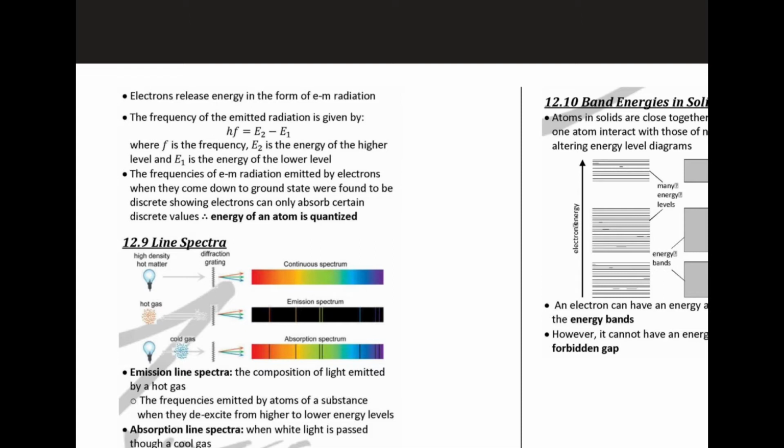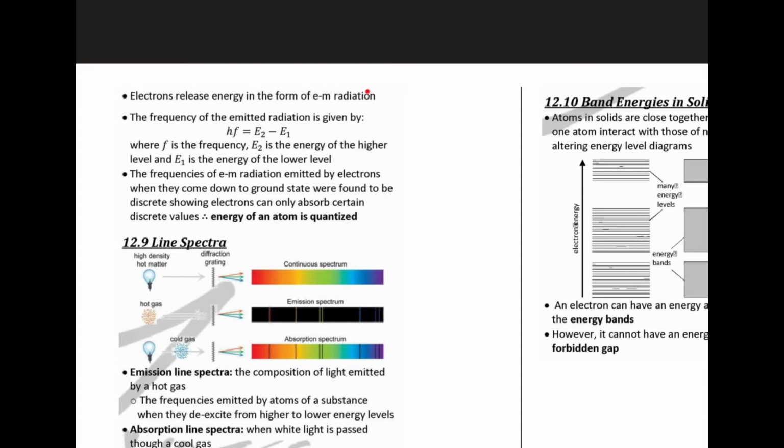The electrons stay in the shell, the shell of the atom, and in A level, the shell is called energy level. So what happens is it absorbs energy, becomes excited state, and then it releases energy and becomes ground state. So during the process of releasing energy, electromagnetic radiation is emitted.